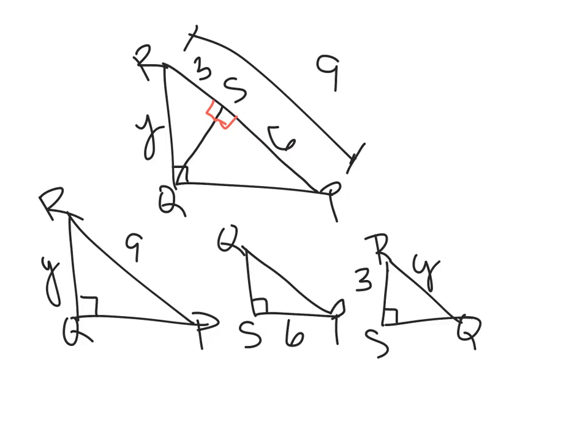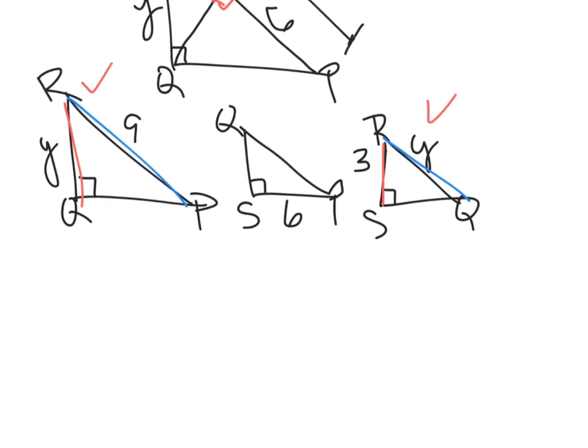We're going to compare these two, this one and this one, because we have a leg and a leg, and a hypotenuse and a hypotenuse. And lucky for us, that's going to create a geometric mean, which means we're going to be able to solve. Sometimes it's easier if you label.